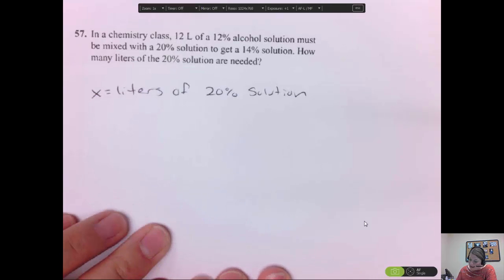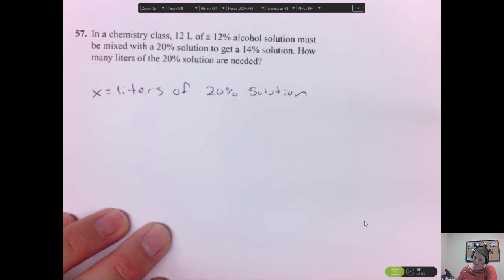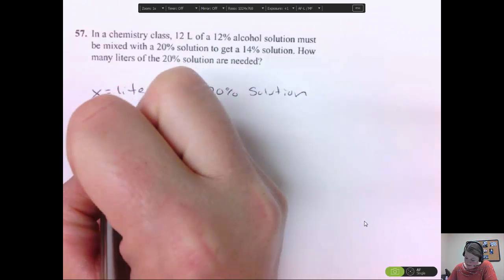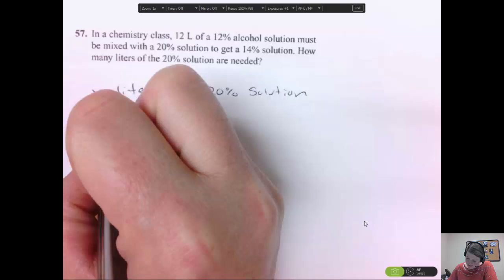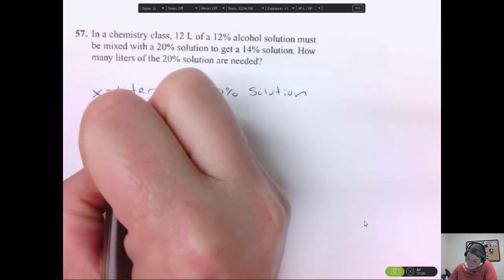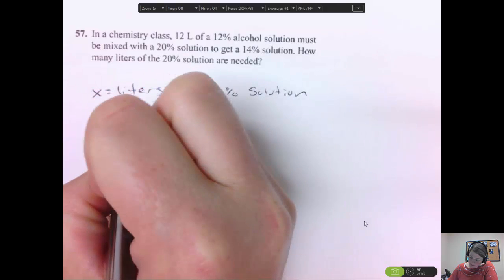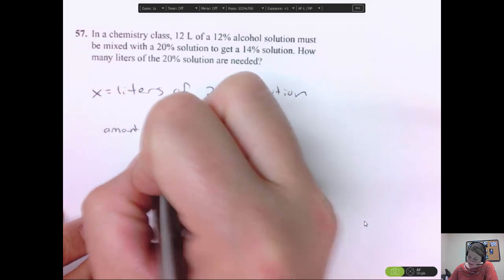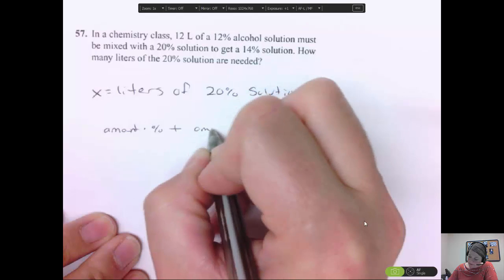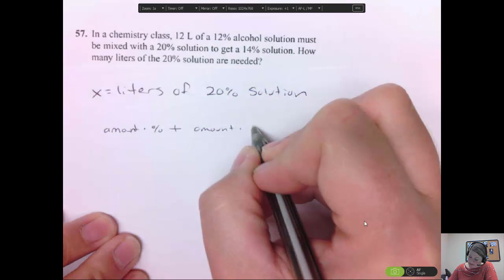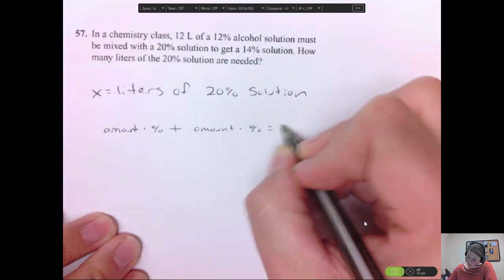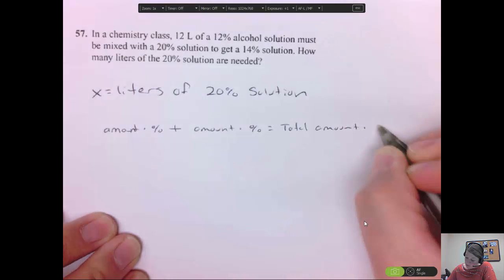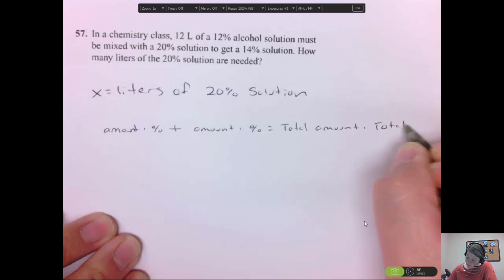The way I want you to think about these chemistry problems is that it is going to be the amount times the percent. So you're going to have amount times percent plus your amount times percent equals your total amount times total percent.